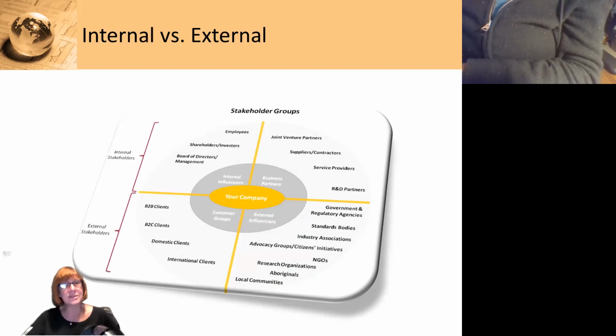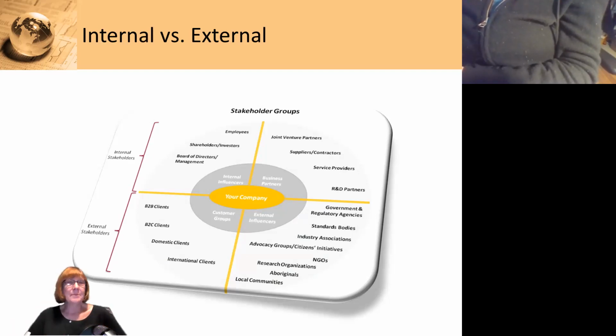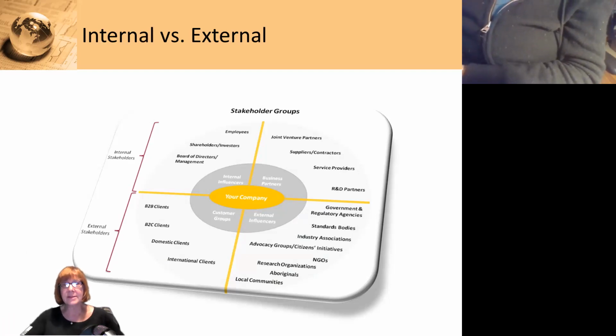Just happens to be how this person organized it. But you will see when you maybe Google stakeholder models and take a look at some samples, you'll see a number of different ones that look like this, internal versus external. And you're welcome to model your model on those.